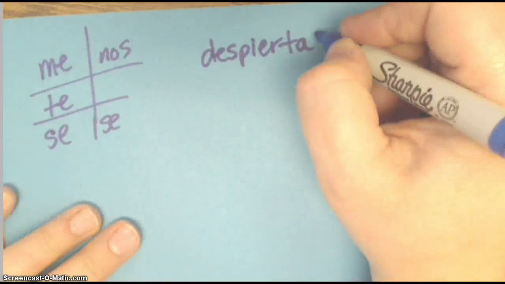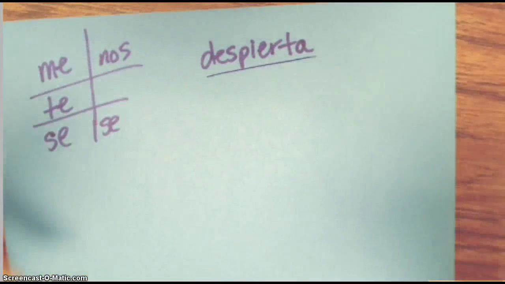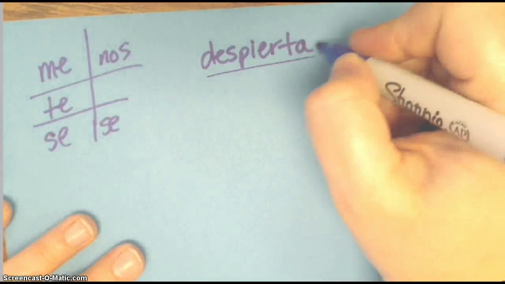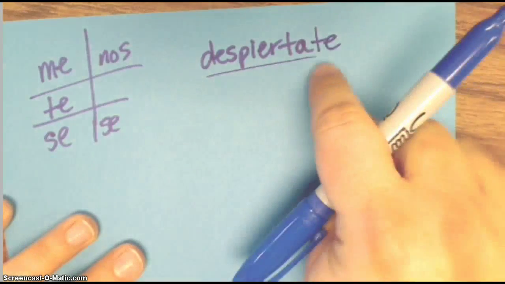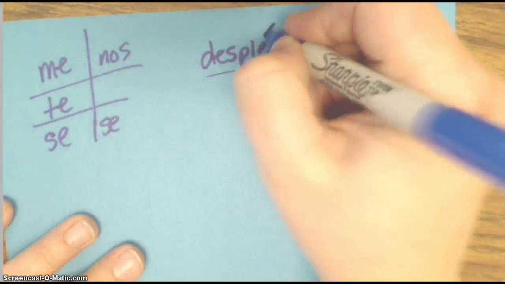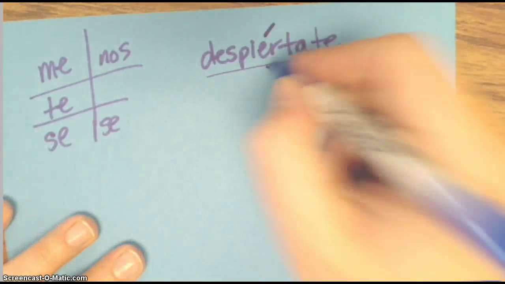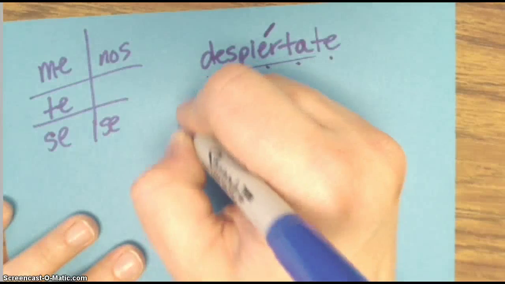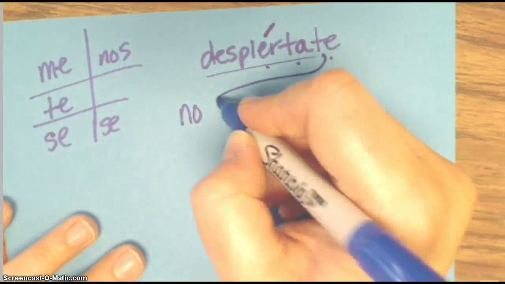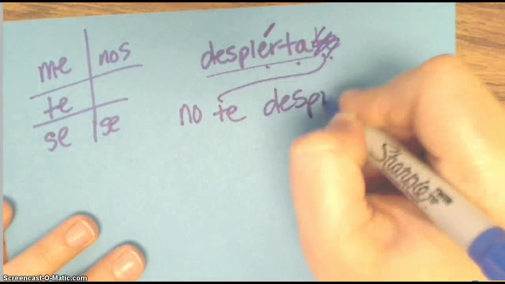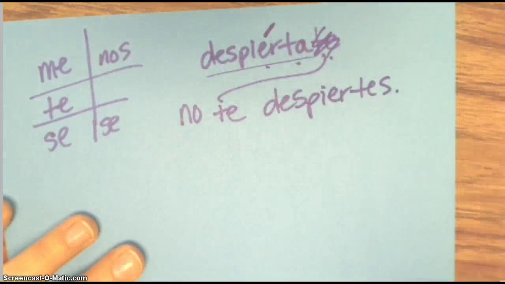So despierta would be the usted form of despertar, and then that makes it a tú command. And then I'm going to add te on the end because it's you that I want to wake up. So despiértate, and I'm going to hear that accent on the E, and that's also 3 syllables back. So that's how I say wake up command. And then if I say don't wake up, it would be no, and then I put the te in the middle, get rid of that, and despiertes. Got it?